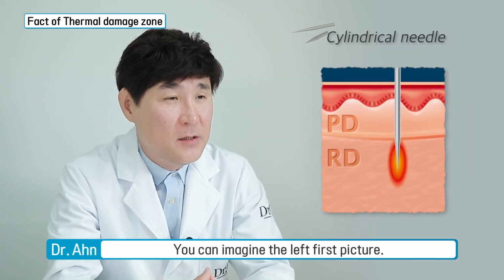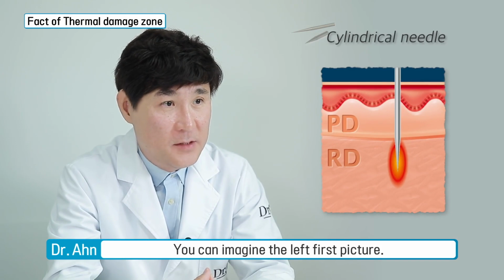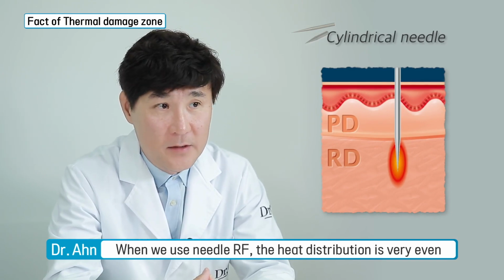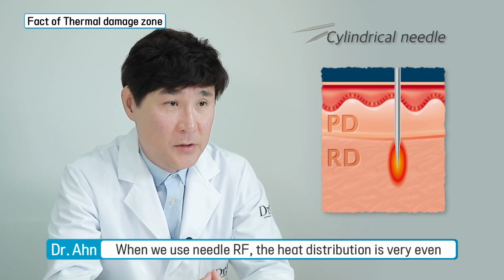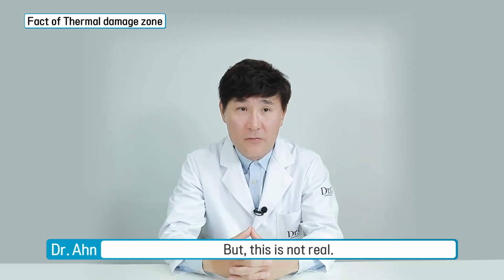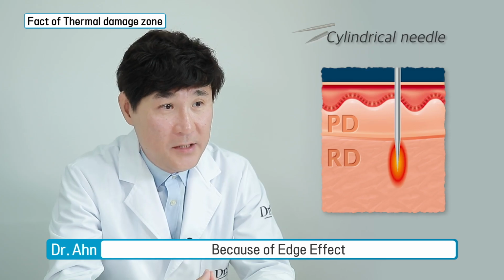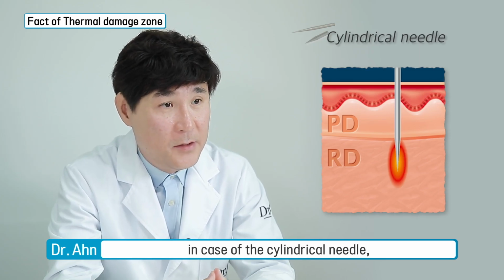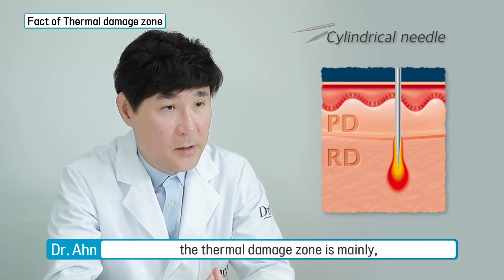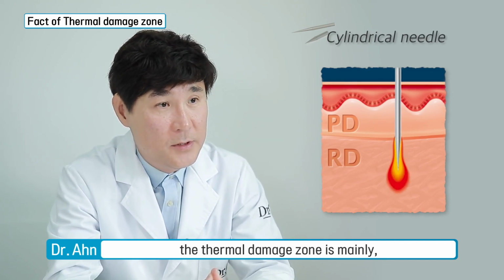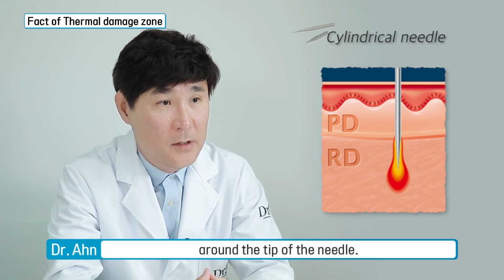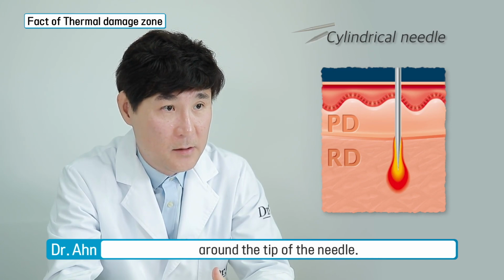You can imagine the first picture on the left when we use needle RF. The heat distribution is very even around the needle tip, but this is not real because of the edge effect. In the case of a cylindrical needle, the thermal damage zone is mainly around the tip of the needle.